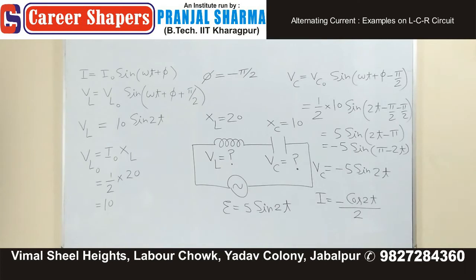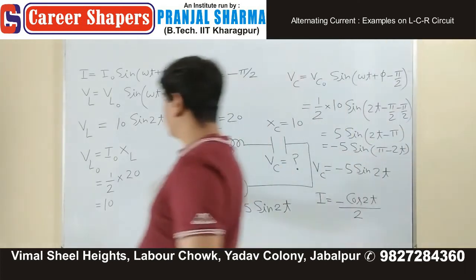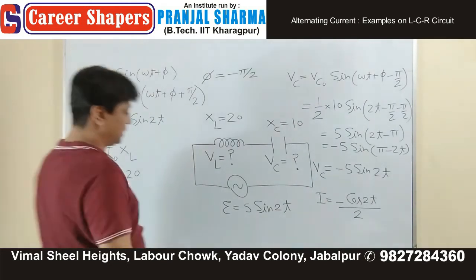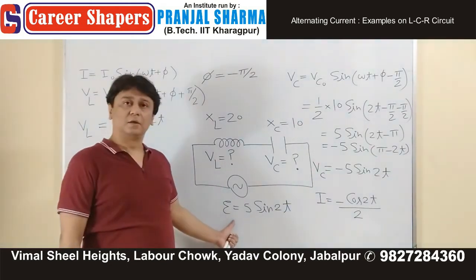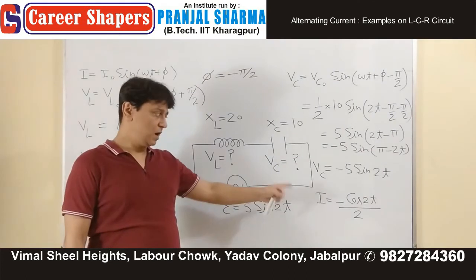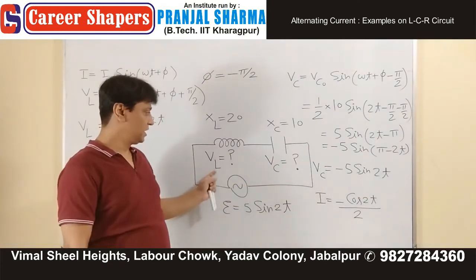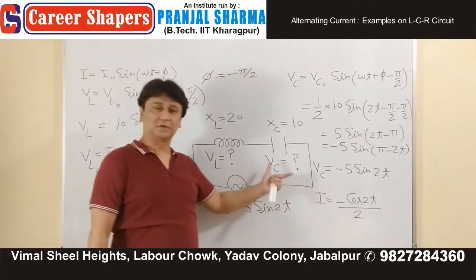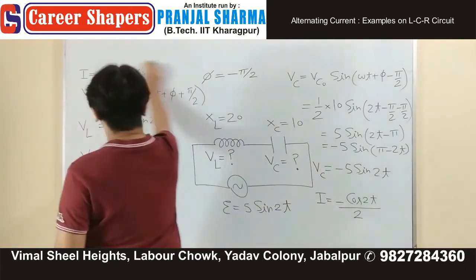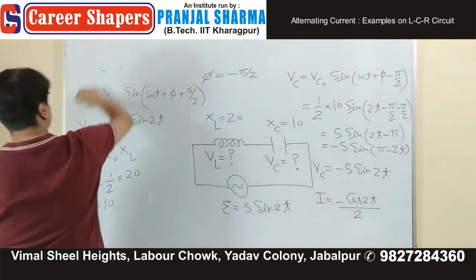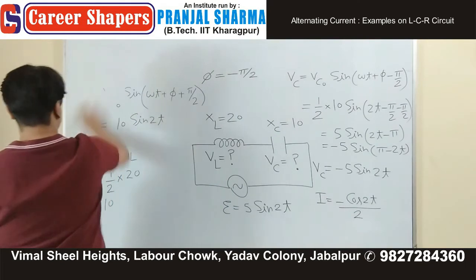Take a homework for this question. Plot a graph of E versus T, I versus T, VL versus T, and VC versus T. You can expect these type of things in any examination.